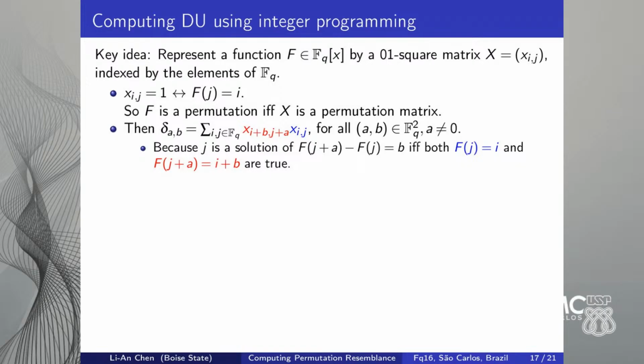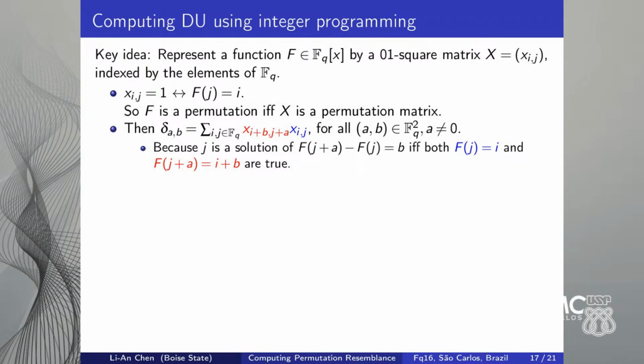The reason is that j is a solution to this formula if and only if Fj equals i, so this guy is 1, and Fj plus a equals b plus Fj equals i, so this guy is 1. If both of them are 1, then I make 1 count.